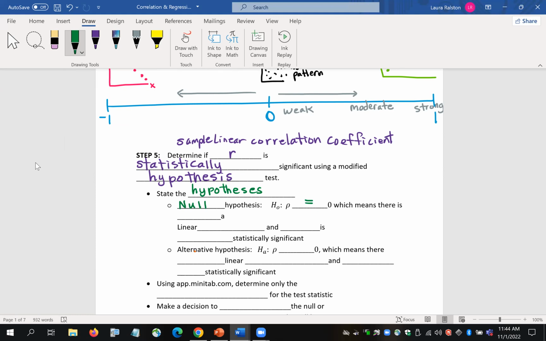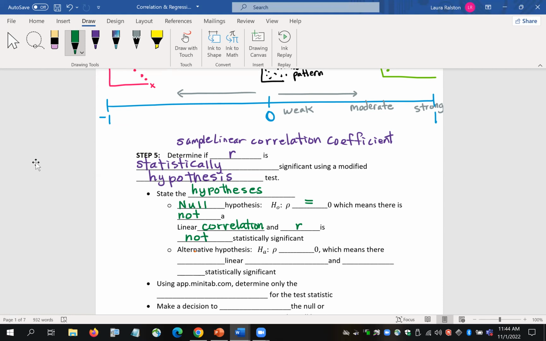Remember, the null hypothesis must always and forever contain equal. To be equal to 0 in terms of our correlation coefficient means there is not a linear correlation and R is not statistically significant.